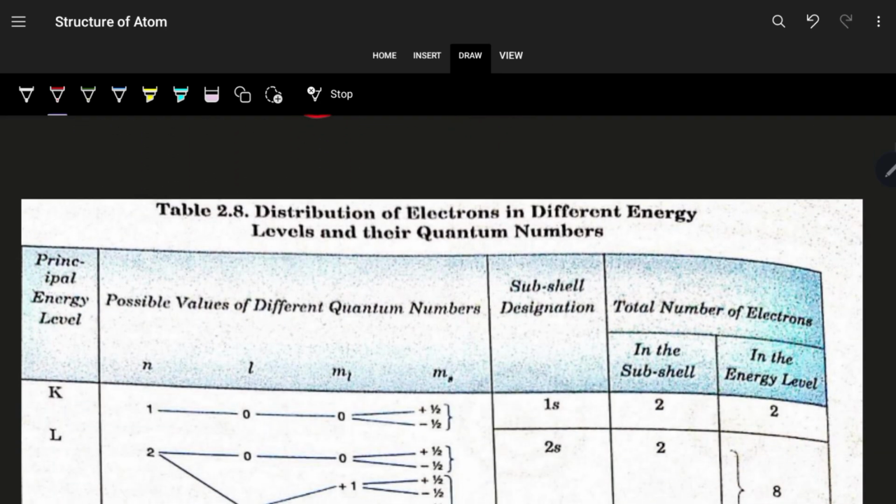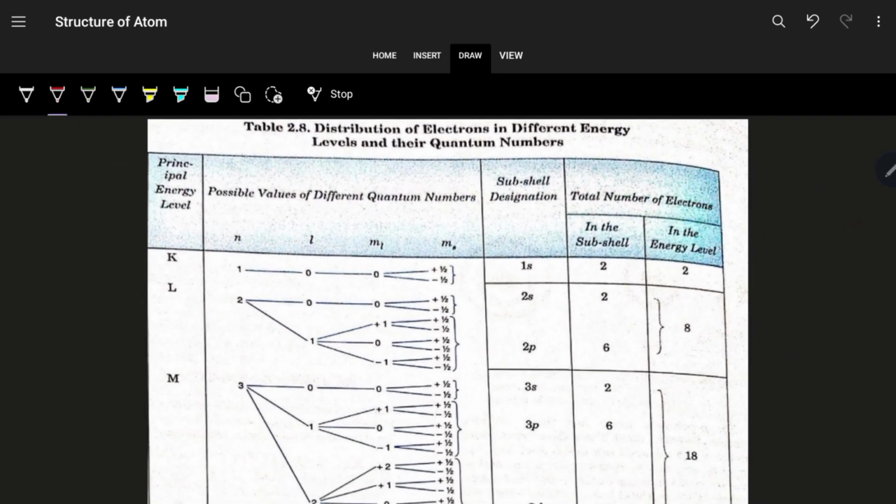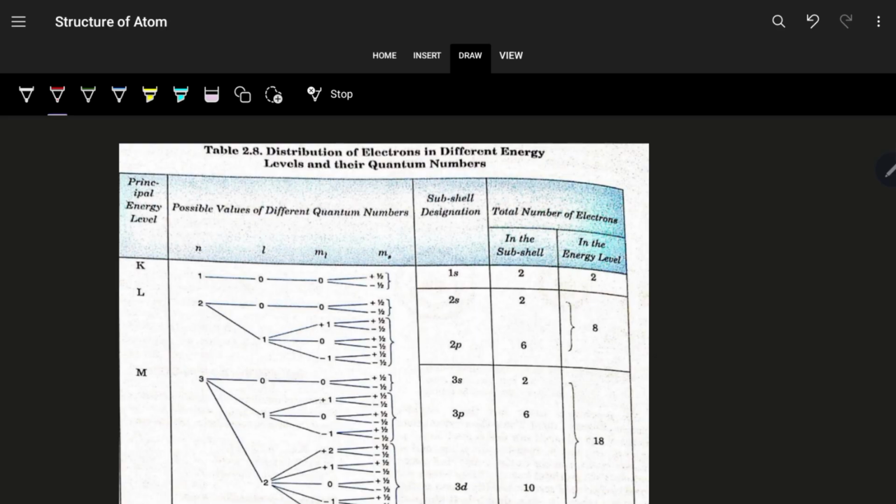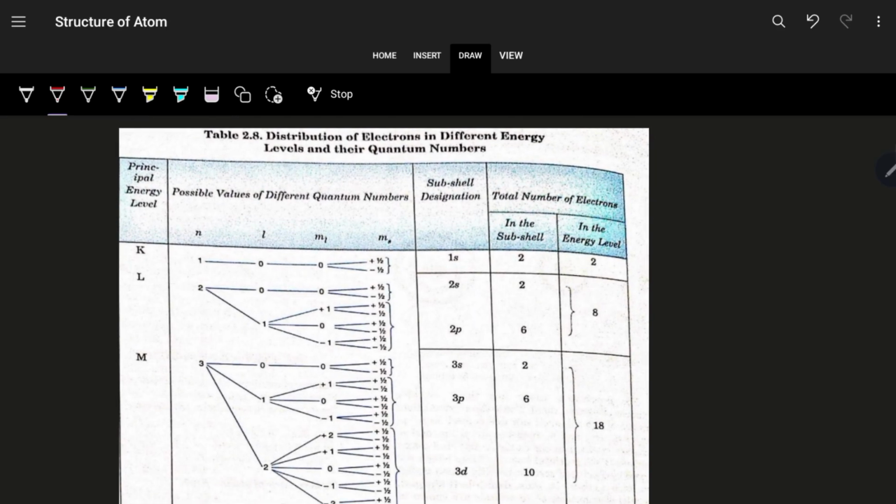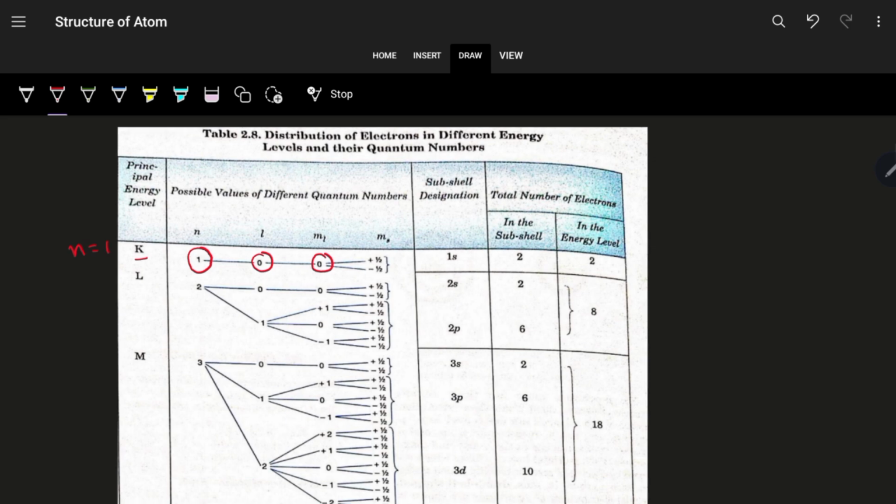Now, here we can see the distribution of electrons in different energy levels and their quantum numbers. See, if n is equal to 1, it's the K shell. K shell can have l value 0, for which ml is 0, and the 2 electrons can have ms plus half and minus half.